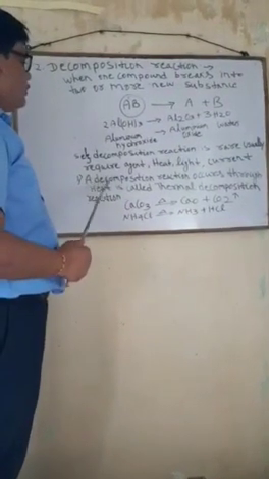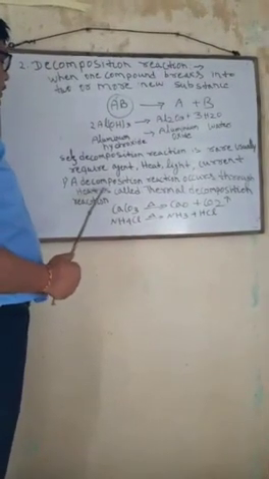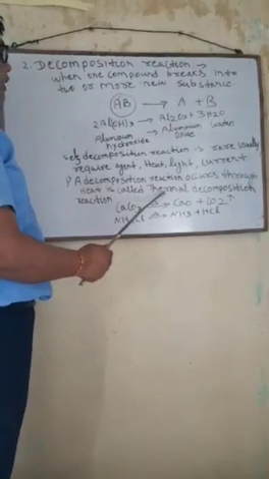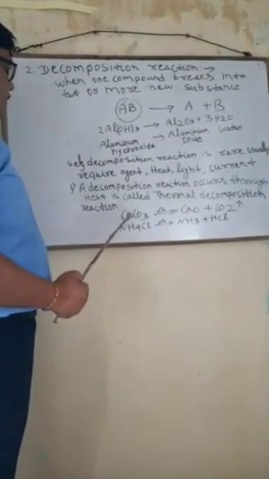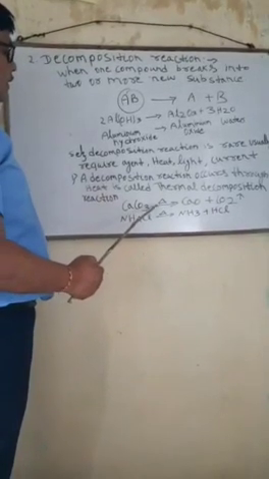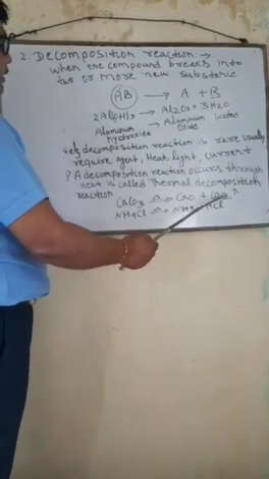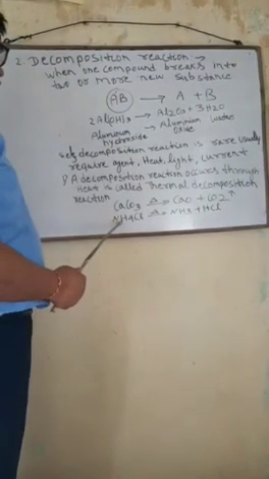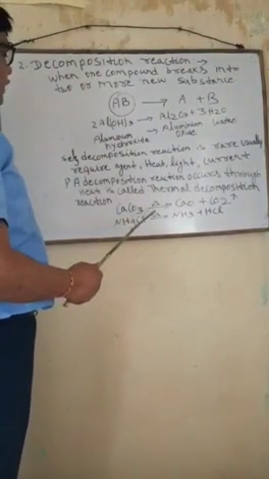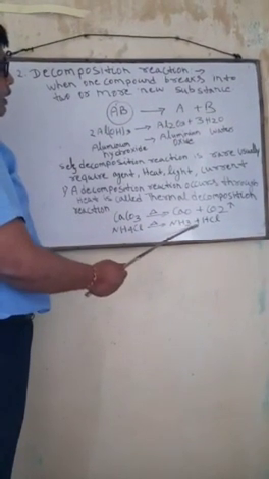First, a decomposition reaction that occurs through heat is called thermal decomposition. When calcium carbonate is heated, it forms calcium oxide and carbon dioxide gas. Ammonium chloride when heated breaks into ammonia and hydrogen chloride.